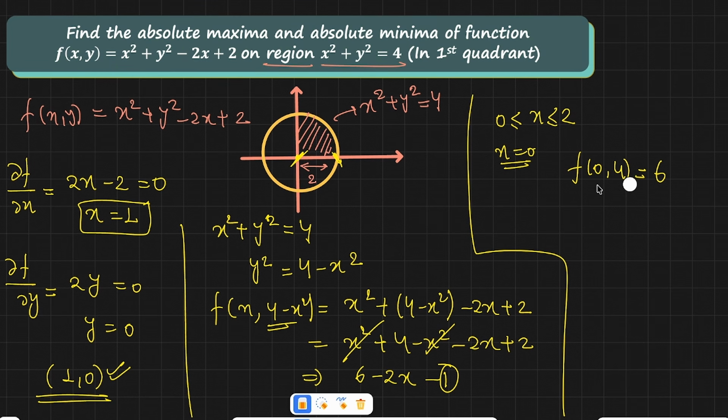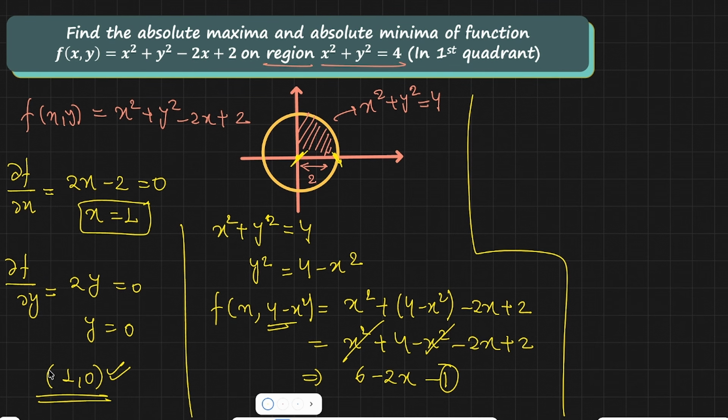First of all, this is basically the test for this. You do one thing, instead of doing this, whatever critical point you got, that is 1 comma 0. What will be the interior point? You take an interior point. This is 1 comma 0, and can I take 0 comma 1? I can take 0 comma 1, which will show this boundary.